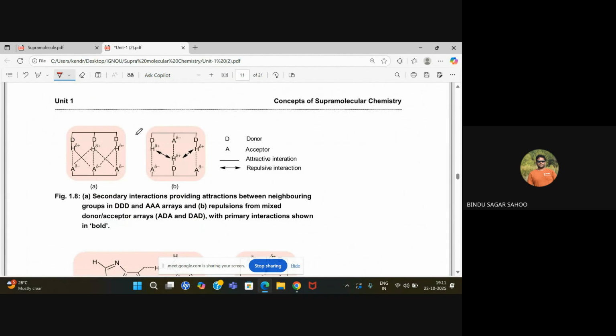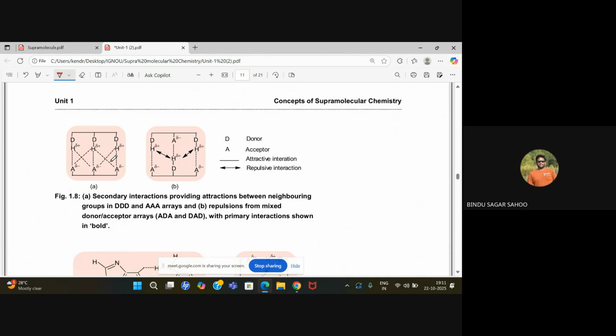So in a cluster compound, this will be the donor atom, this will be a hydrogen atom, this will be a hydrogen atom, this will be a hydrogen atom. And in another cluster compound, we are taking the acceptor atoms that are connected at the end of the molecules. So here, this hydrogen will make an interaction with this A molecule. And also here, this hydrogen will make an interaction with this type of molecule.